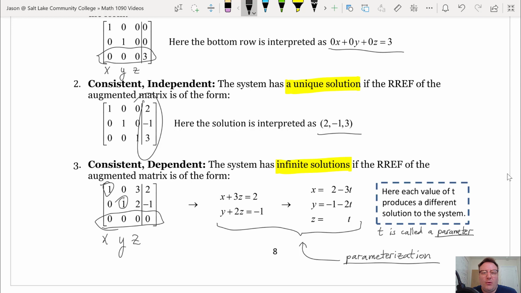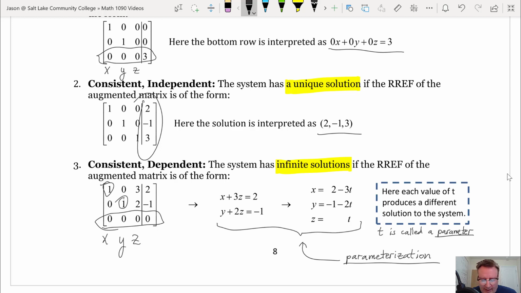This is called parameterization, and the idea is that because z is a free variable, it means it can take on any value, and we can still find values for x and y that will satisfy the other two remaining equations, no matter what value we give to z.